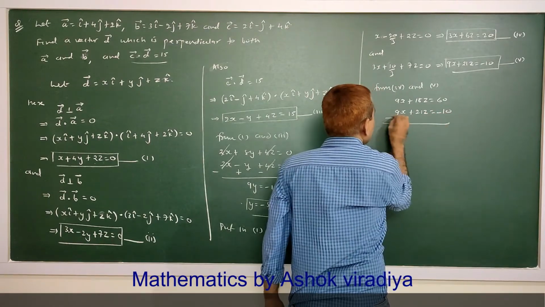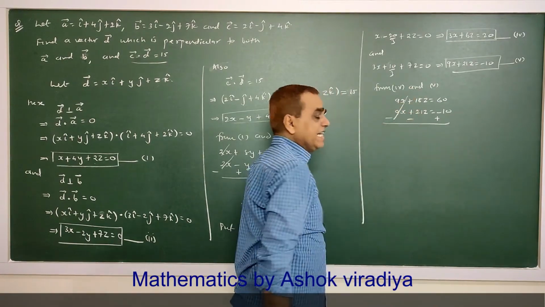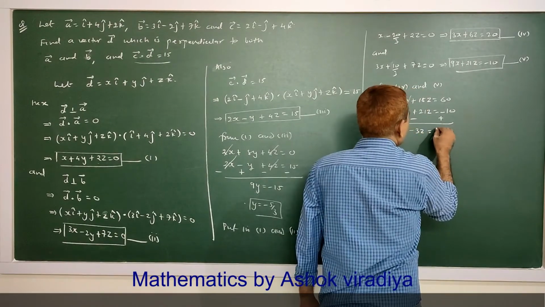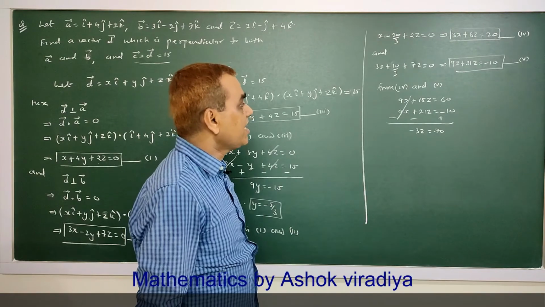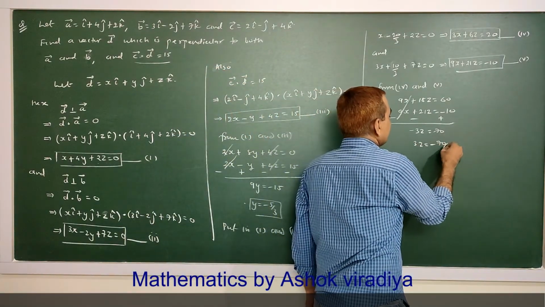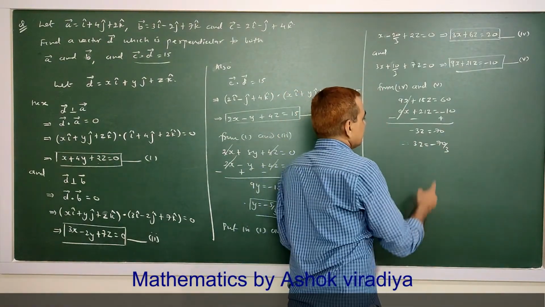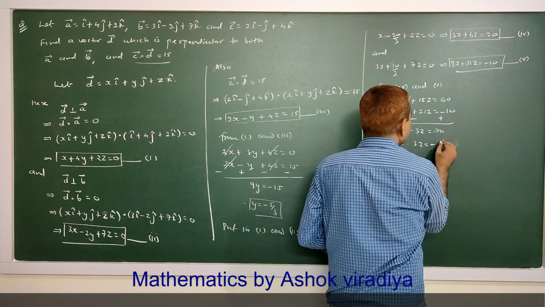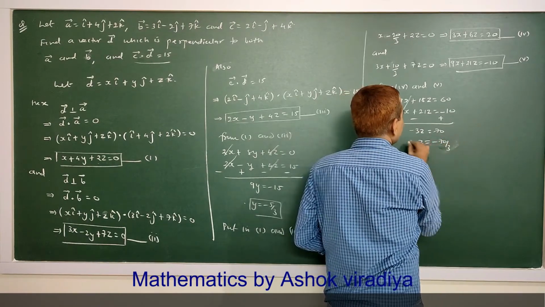Now taking subtraction, 9x is cancelled, 18 minus 21 is minus 3z equal to 70. So 3z equal to minus 70, therefore z is equal to minus 70 by 3.